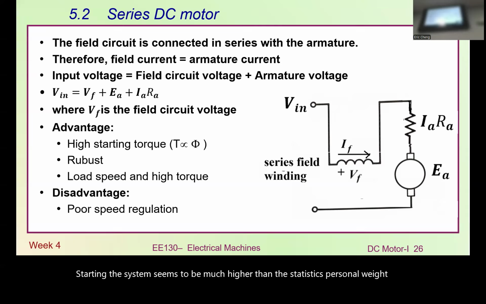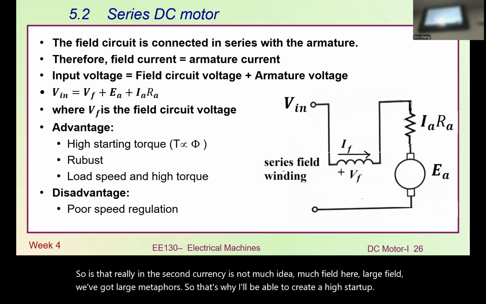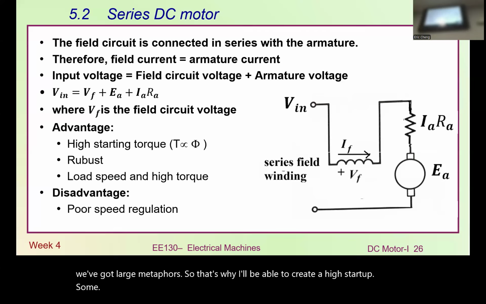So when the starting current is large, we have large IA, large field, and large magnetic flux. That's why we are able to create a high starting output of the motor system. Some motors may not be able to provide a high starting torque, but this series motor is able to do that. So the torque is proportional to flux, and they are able to create a high current in the motor starting.